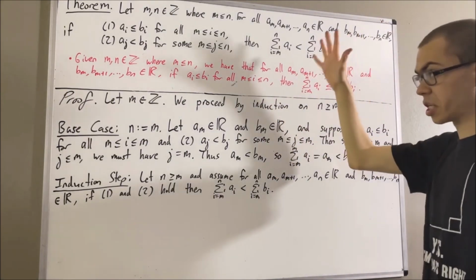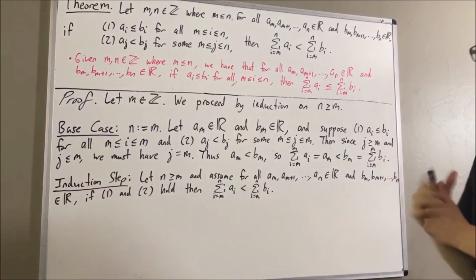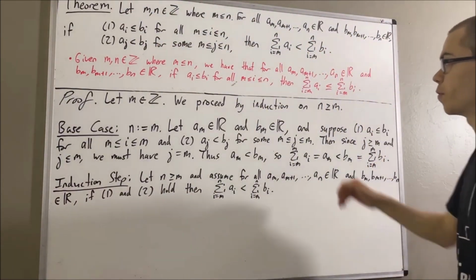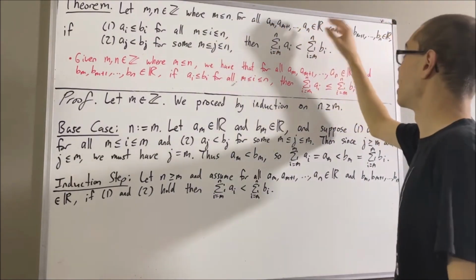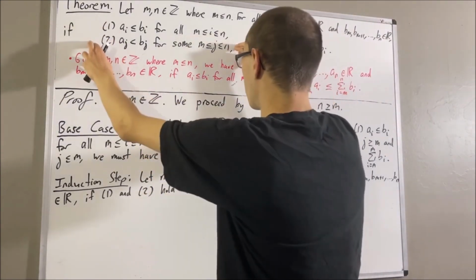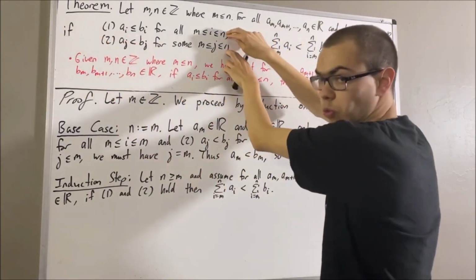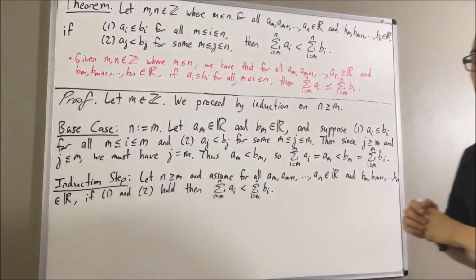The whole goal of the induction step now is to prove that this is also true for n plus 1. So really, we're trying to prove that for all lists of real numbers a_m through a_{n+1} and b_m through b_{n+1}, if both 1 and 2 are true in the case of n plus 1, then this is true in the case of n plus 1.